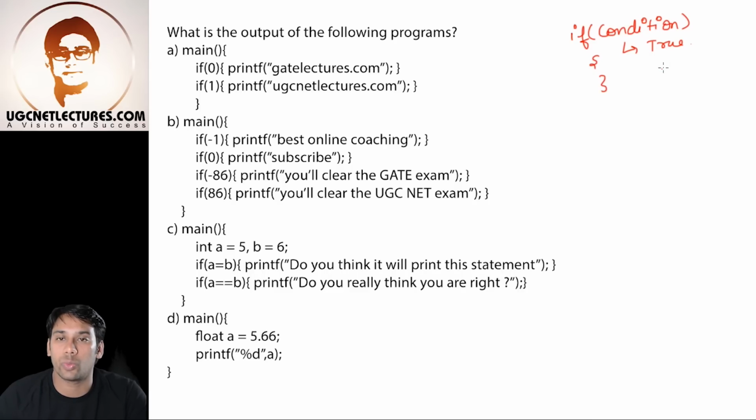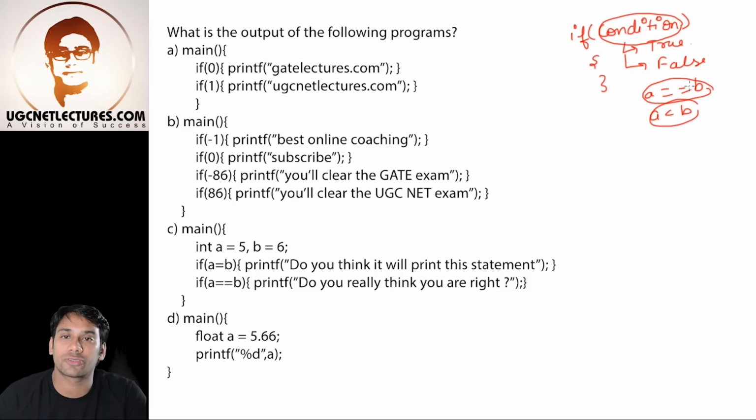So when do you say this condition is false? Whenever we enter some condition here, for example A double equal to B, or A less than B, these are the conditional statements. The outputs of these conditional statements are 1 and 0, where 1 means true and 0 means false.